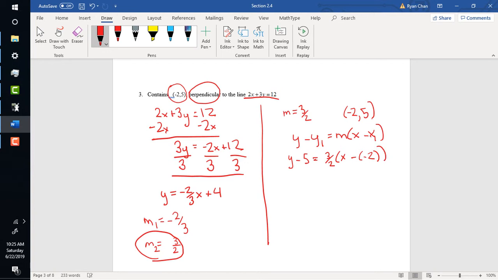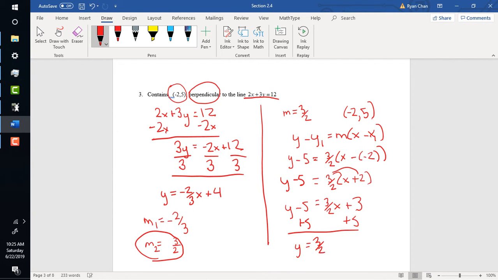Be really careful with your signs for that one. You have a double negative. 3/2 times x is 3/2 x. 3/2 times 2 is going to be plus 3. And y minus 5, if I add 5 on both sides, I get the following: y equals 3/2 x plus 8.